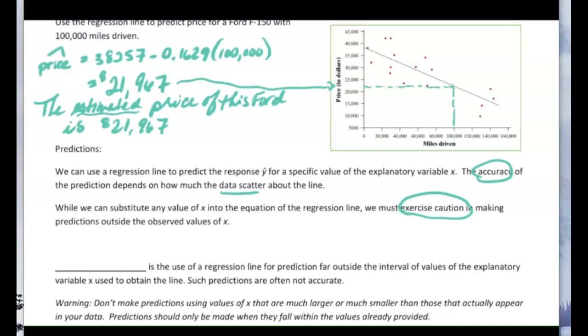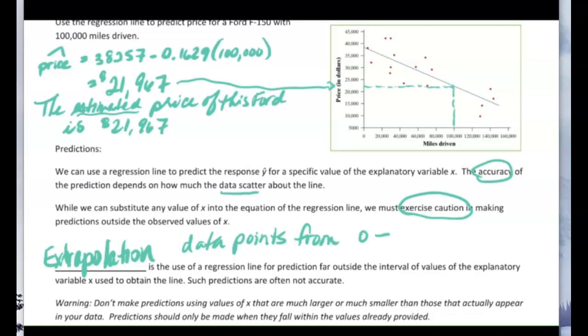One of the words we use for that is extrapolation. Extrapolation is the idea that you are making an estimate well outside of the data points that you collected. If you've only collected data points from, let's say, 0 miles to, in this case, it looks like 147,000 miles, then that's really what your prediction should be about, within that range, between 0 and 147,000.